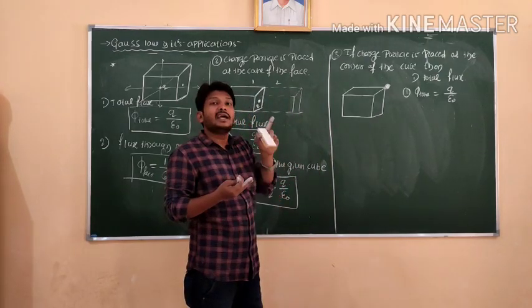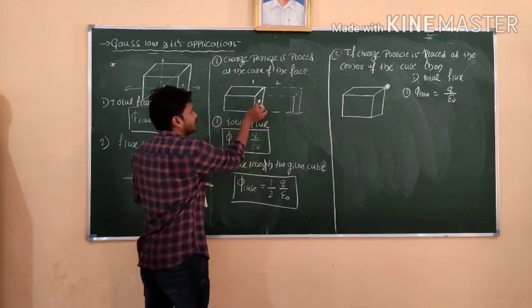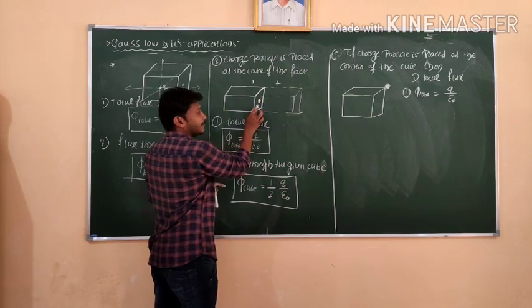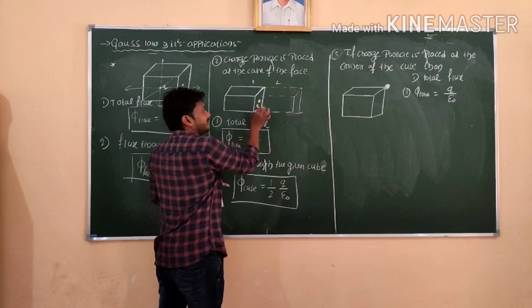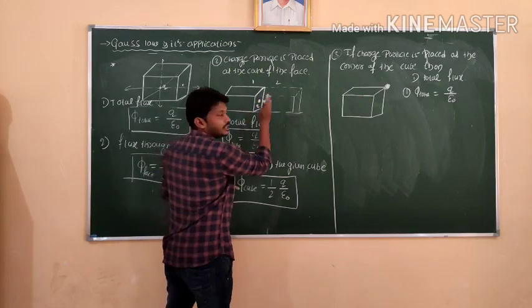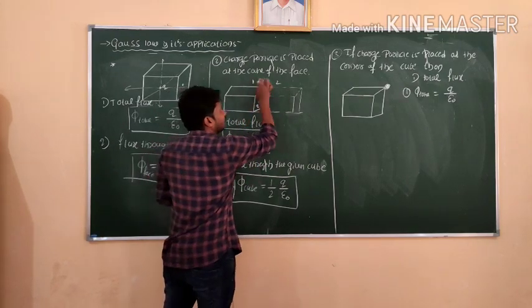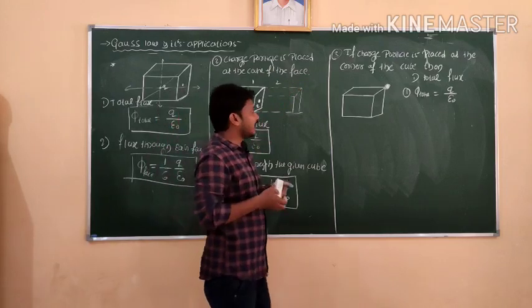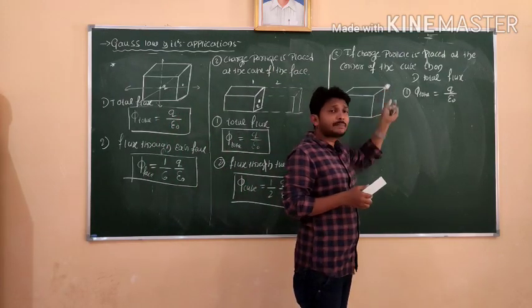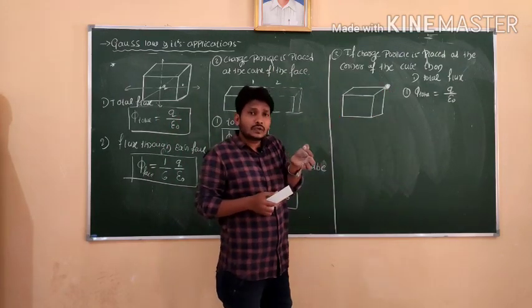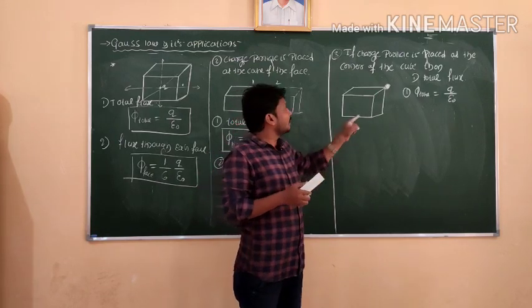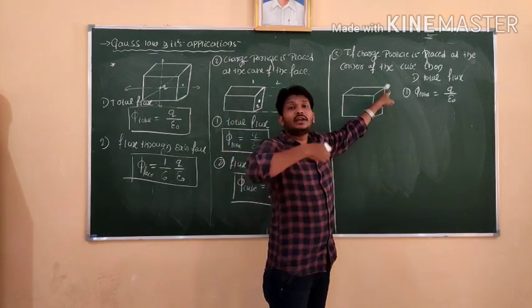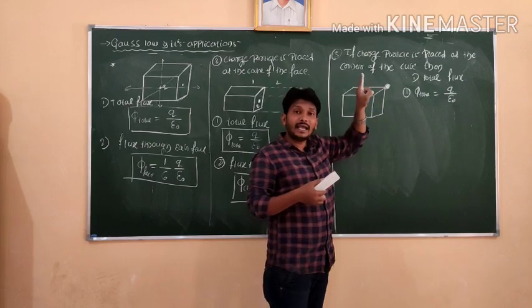So totally 8 cubes are present. Here 1 cube is there. If you place the charged particle at the center of the face, 1 more imaginary cube is required, so the total will be 2 cubes. In a similar way, if the charged particle is placed at the corner of a cube, in order to make it closed, 7 cubes will be required, then the total will be 8 cubes.